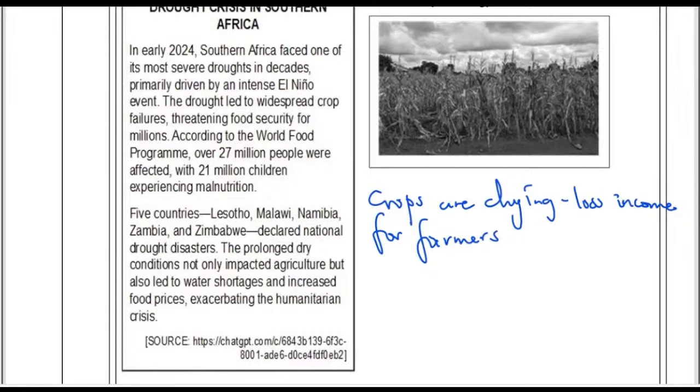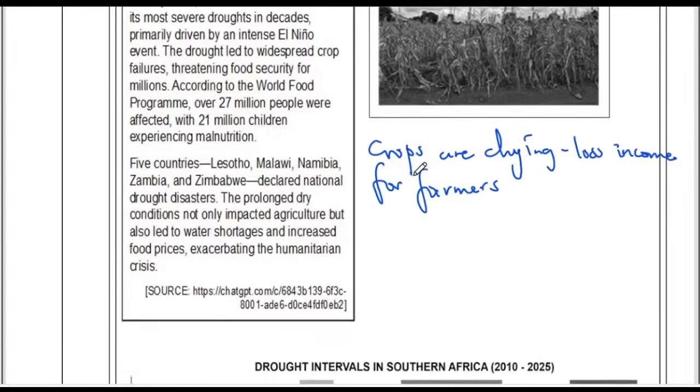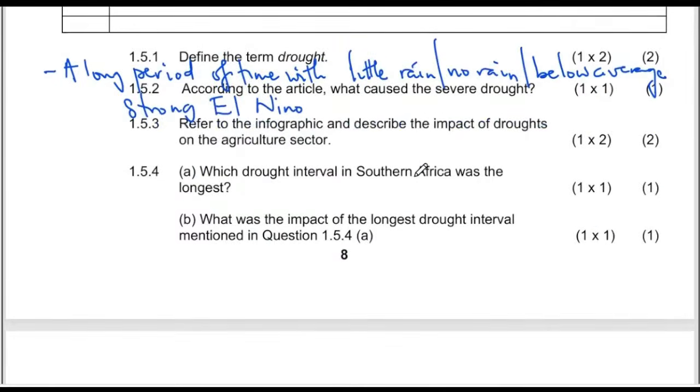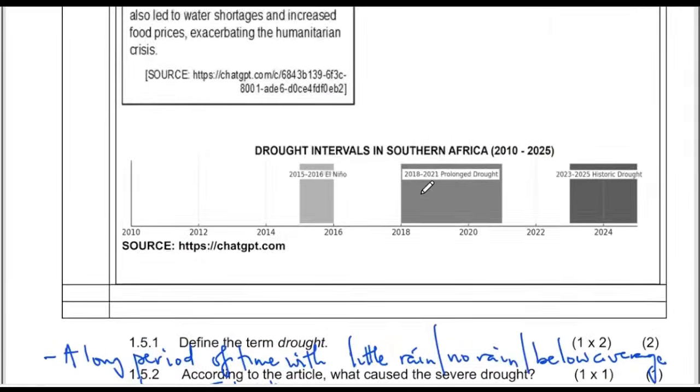Right. Let's go on to the next part. Which drought interval in Southern Africa was the longest? Which drought interval was the longest according to the text?